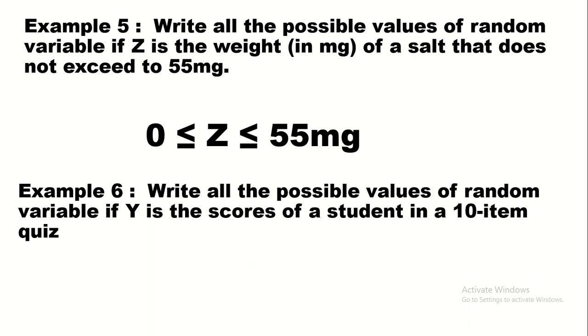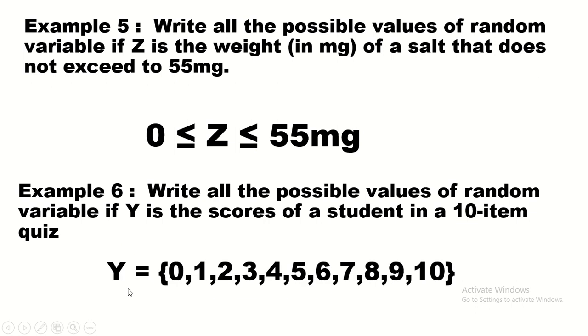Example number 6. Write all the possible values of random variable y if y is the scores of a student in a 10-item quiz. Ibig sabihin, aalamin natin kung ano yung possible score ng isang estudyante sa 10-item quiz kaso wala siyang given. So, paano natin isulat ang random variable y? Ganito. Random variable y is equal to the quantity of 0, 1, 2, 3, 4 hanggang maka-perfect.